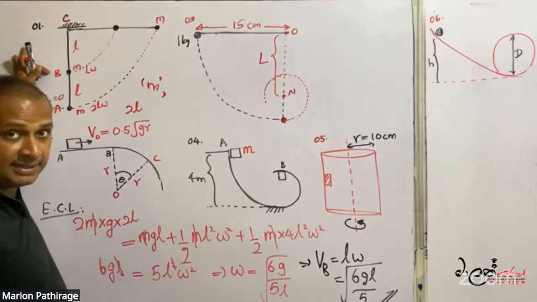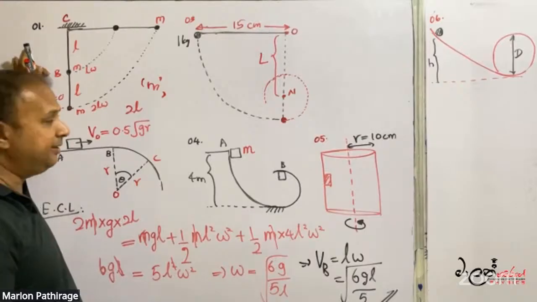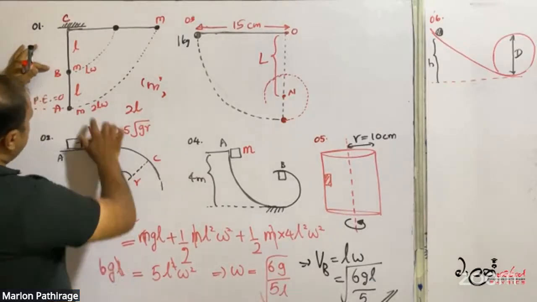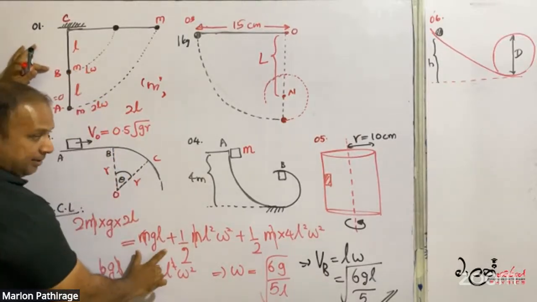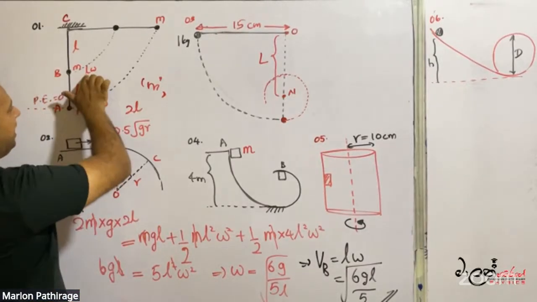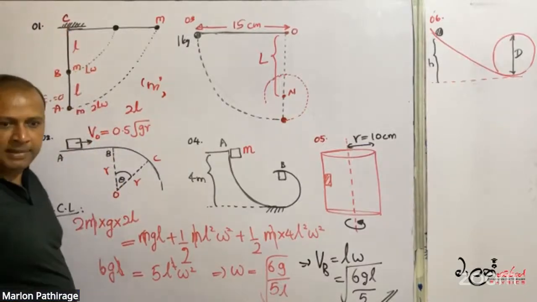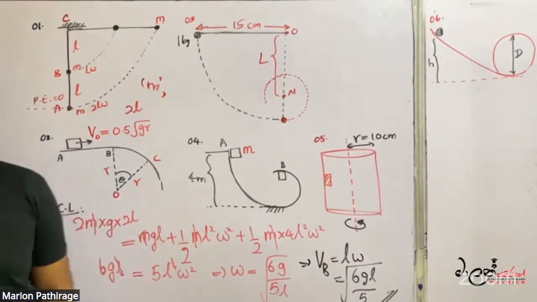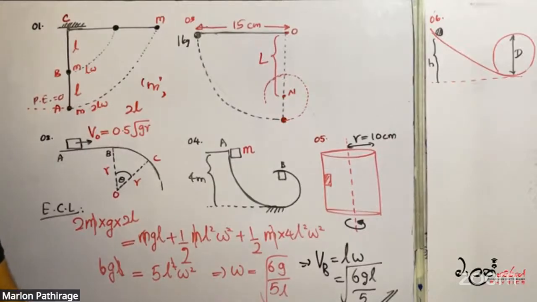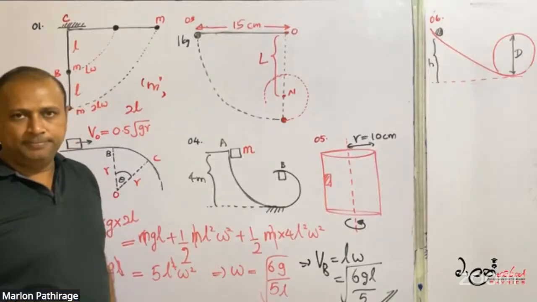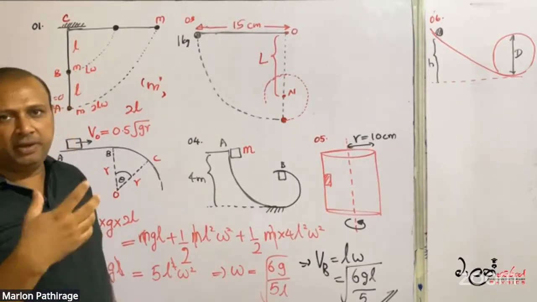This object has potential energy as well as kinetic energy: potential energy is mgl, kinetic energy is half m v squared, where v is L omega. Now I am going to determine omega, because omega for both objects is equal. If you determine omega, then easily you can determine v.